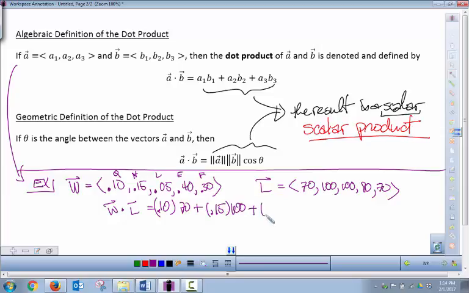And somebody punches this in the calculator and tell me what I get, I can give him his grade. I use Excel.